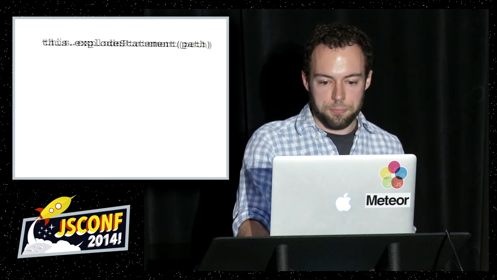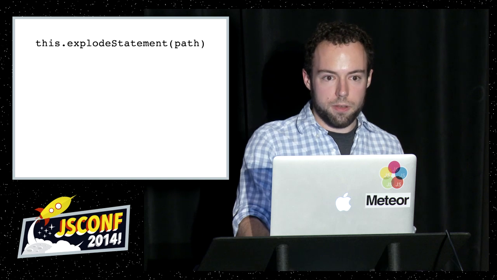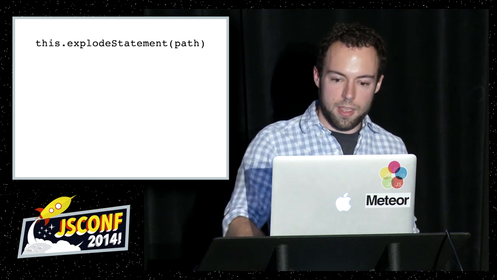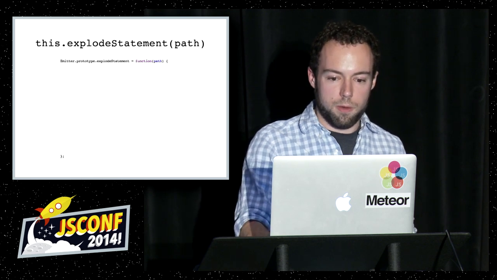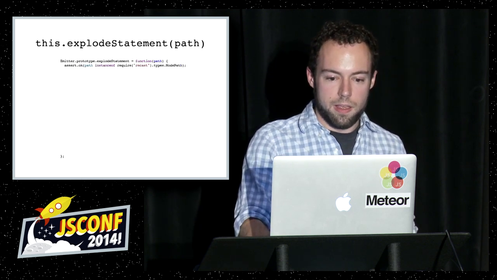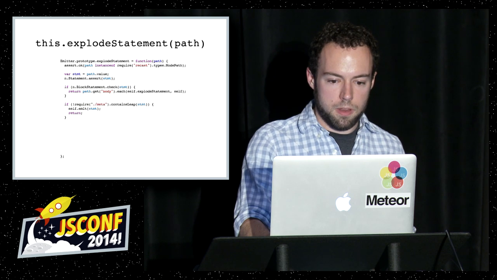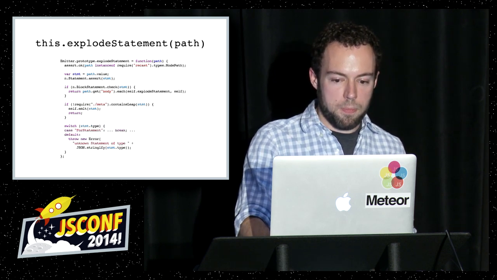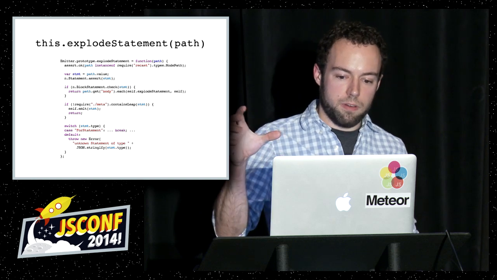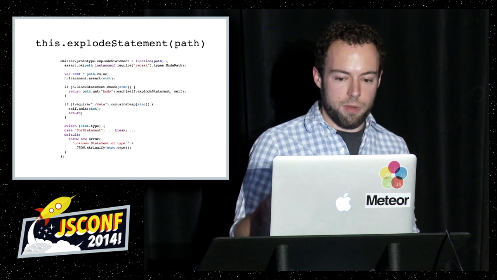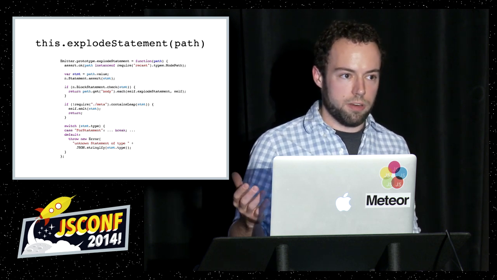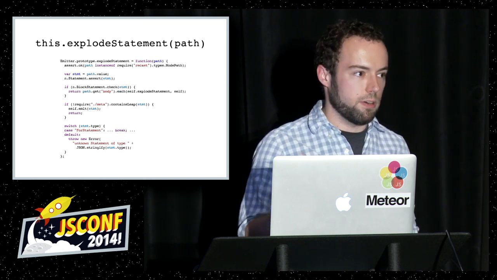All right, so explode statement is the last of the drill down examples that I want to talk about. I don't think I actually have time to go through it, but the interesting part is that Regenerator understands whether a statement or an expression contains any yield expressions or any problematic breaks or continues.